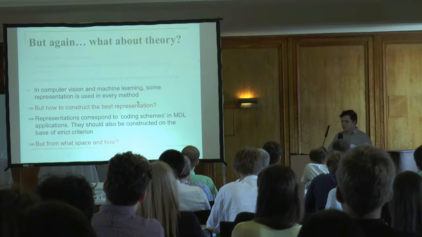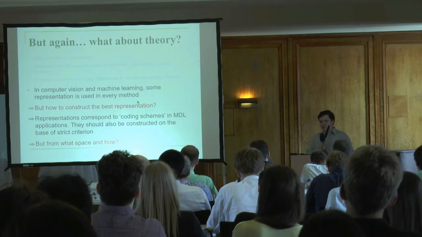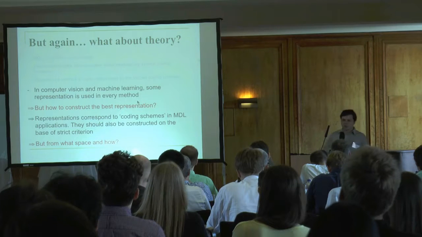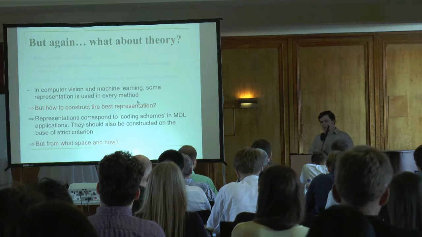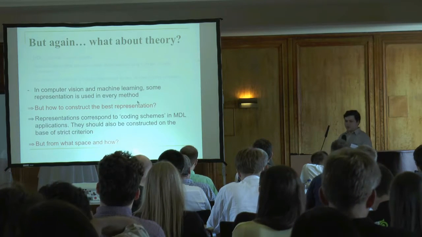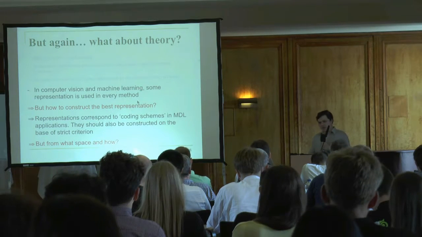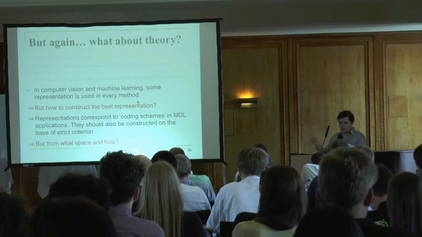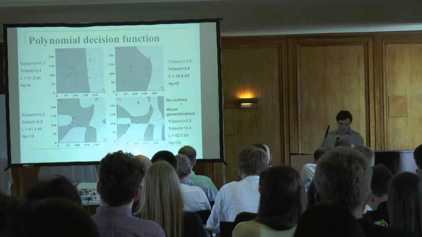Because again, in computer vision, they are introduced rather heuristically, and one can see that representations which are used in every method of image processing, computer vision, speech recognition, and any method of pattern recognition, are very similar to heuristic coding schemes which are introduced in the loose application of the minimum description length principle. So the question is, based on what criterion and from what space we can choose our representations.